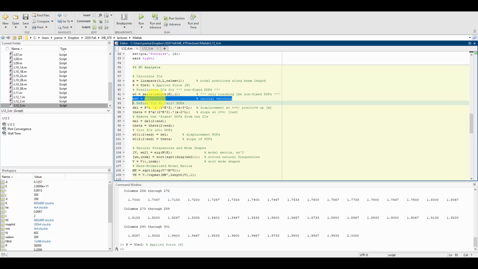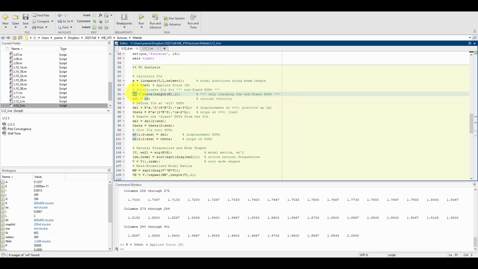Because in this one we are going to be starting from rest, all of our initial velocities will be 0. And keep in mind here, when I am talking about initial position and velocity, in our actual coordinates, W is made up of vertical displacements and angular displacements.